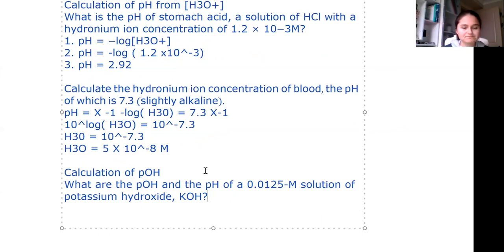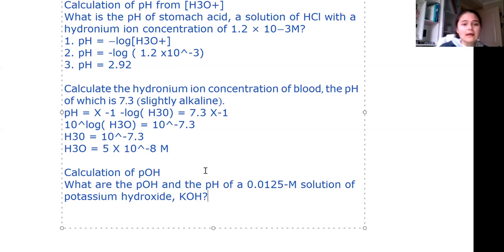Is this another concentration calculation of pH? What's the difference between pOH and pH? pH is to do with the hydrogen ion concentration, and pOH is to do with the OH concentration. So this is for bases instead of acids.